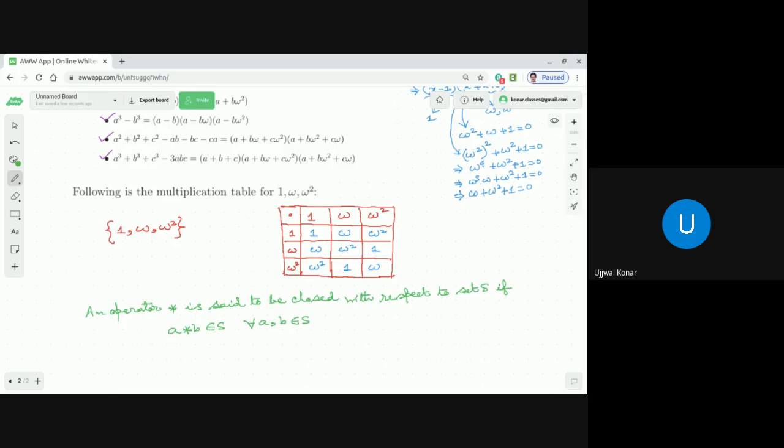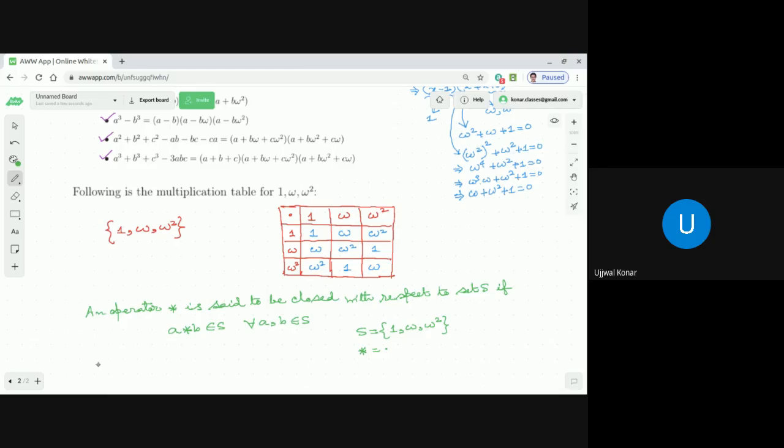If you make an analogy, S becomes the set 1, omega, omega square, and star becomes the multiplication dot. Now you take any two elements among 1, omega, omega square and multiply them, whatever you get belongs to the set S. So this is known as the closure property.